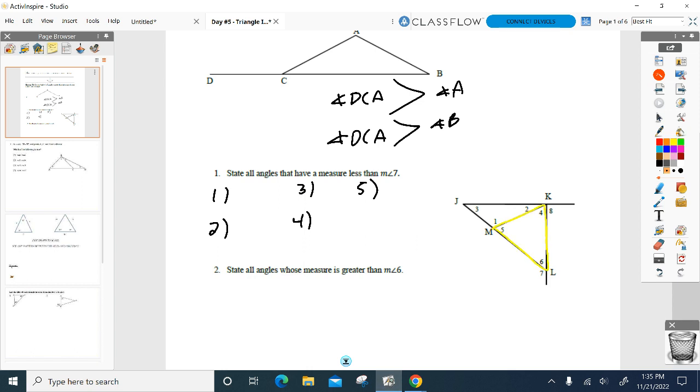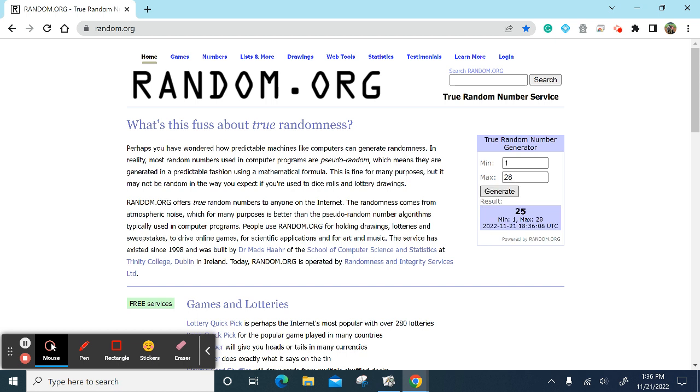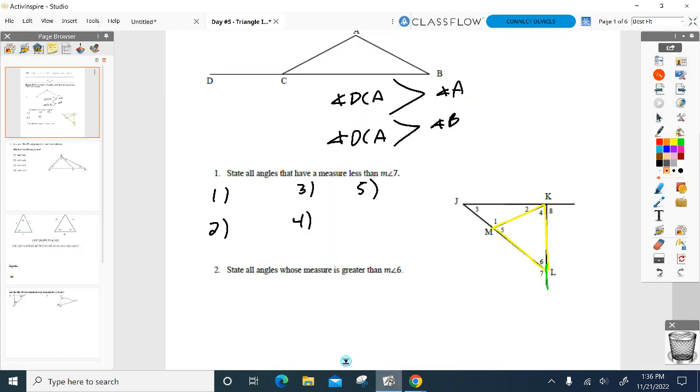Here's triangle MKL. 7's exterior. Name the 2 remote interiors. Angles 5 and 4. 5 and 4 should have been on your list.